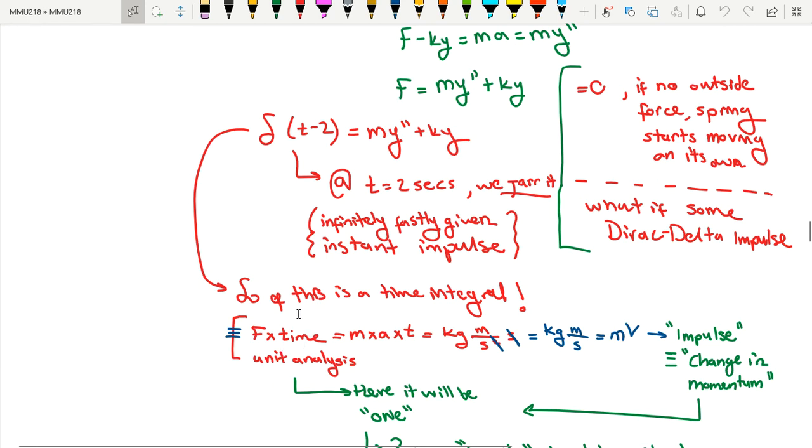Let's make a unit analysis and see what's going on. The right-hand side, since f is ma, will be multiplied by time too.